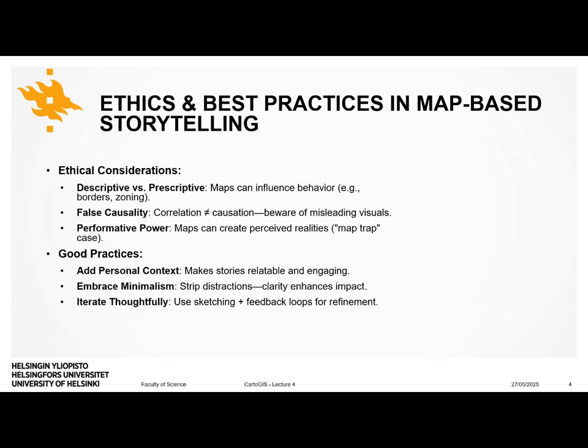You used to just take the main road when traveling from the west of Helsinki to the east. But now the navigator might tell you to go through some smaller streets and alleys. So these maps are changing how people actually behave.